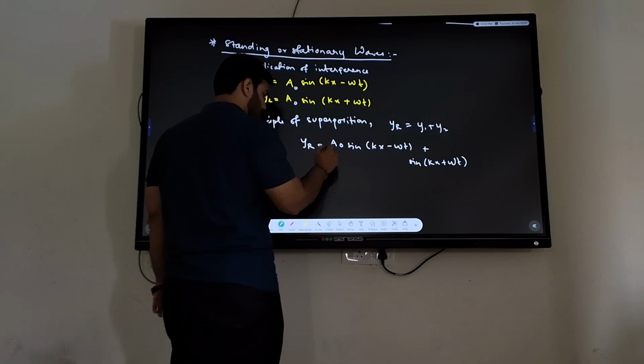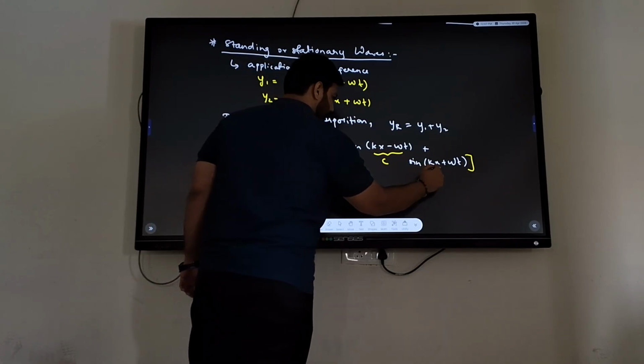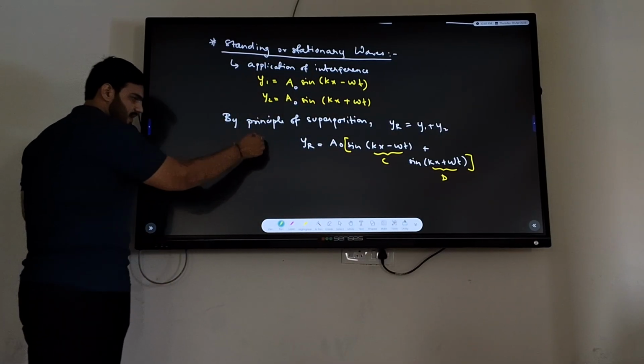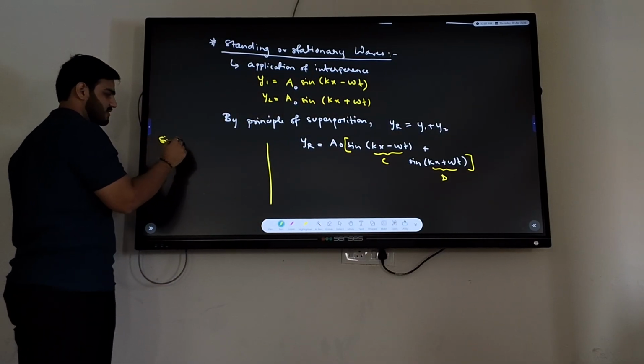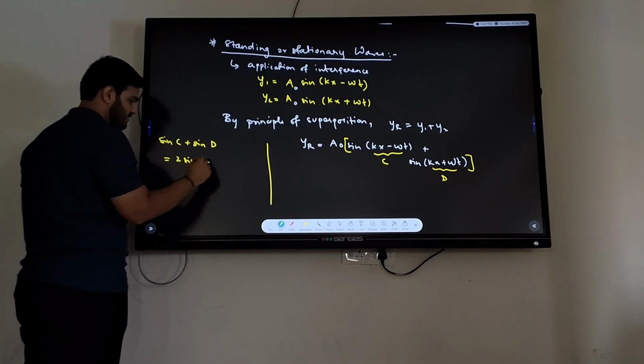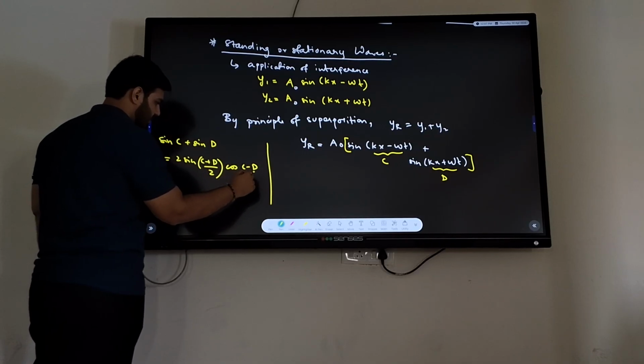This looks like the sine C plus sine D formula, which is 2 sine of (C plus D) by 2 times cos of (C minus D) by 2.